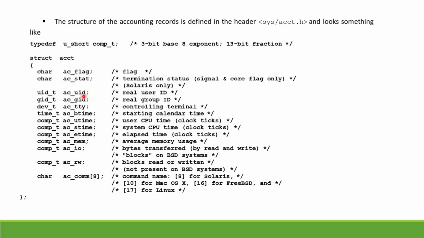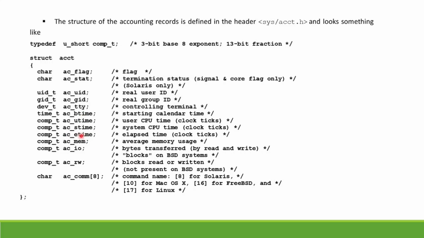Then the UID, the real user ID of the process, the real group ID to which the process belongs, the controlling terminal of the process, the starting calendar time, and the user CPU time, system CPU time and elapsed time.